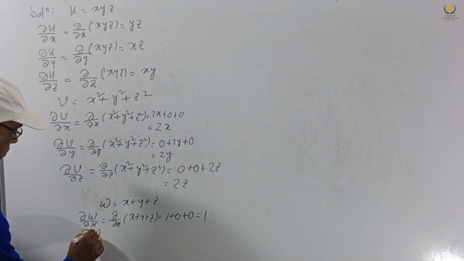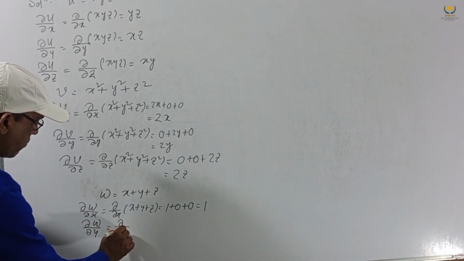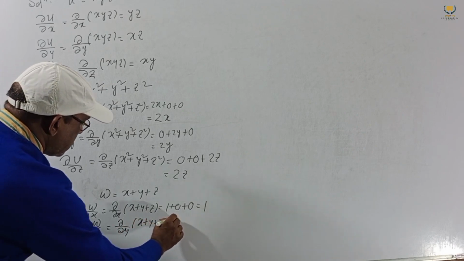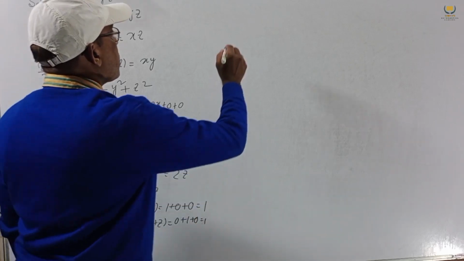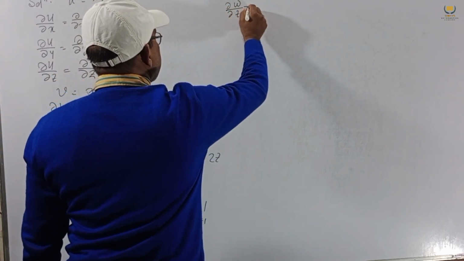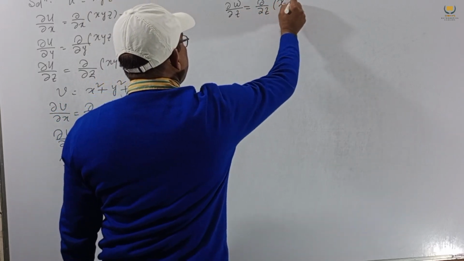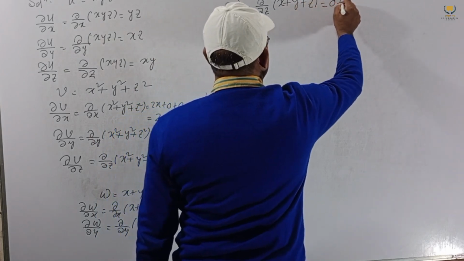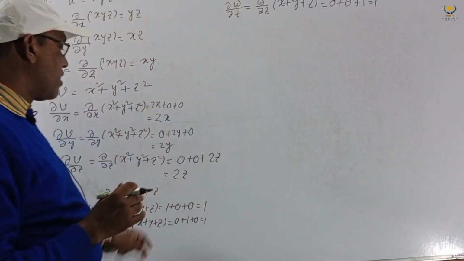Del w by del y, this is del by del y of x plus y plus z, 0 plus 1 plus 0, this is 1. Del w by del z, del by del z of x plus y plus z, this is 0 plus 0 plus 1. This is 1. So we get all the values.